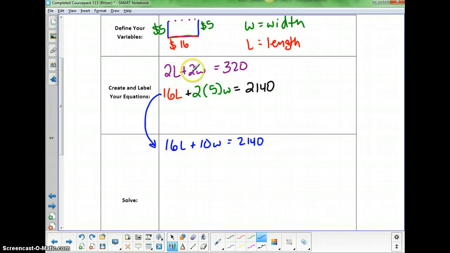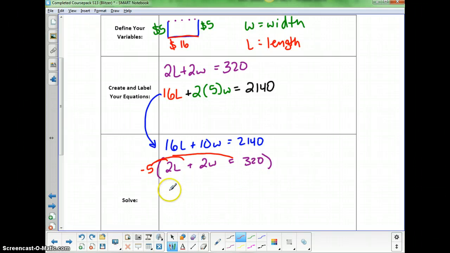Now I want to think about what to multiply the other equation by so I can eliminate something. It was 2L + 2W = 320, and I'd multiply it by -8 to get rid of the L's, or -5 to get rid of the tens. Let's choose the smaller value and multiply by -5.